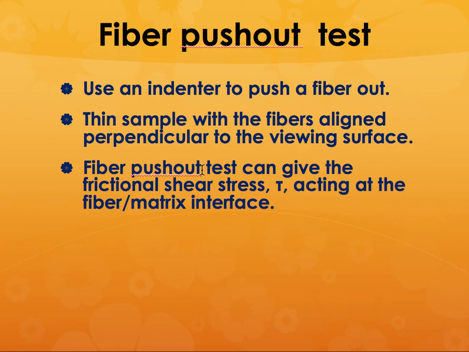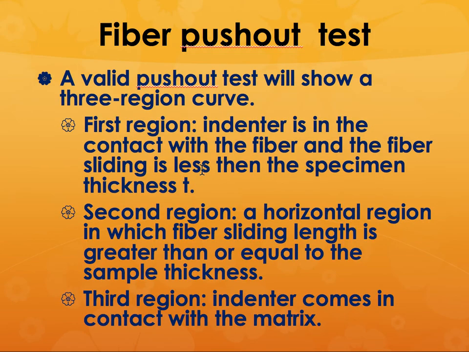You apply a very small load and see what kind of load displacement curve you can get with respect to these composite systems. It can give you the frictional shear stress acting at the fiber matrix interface.